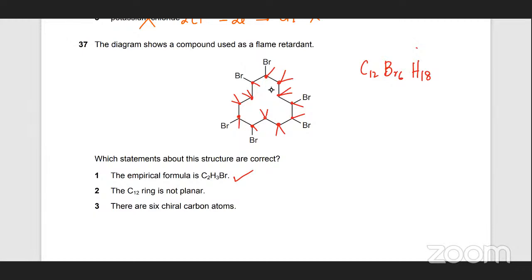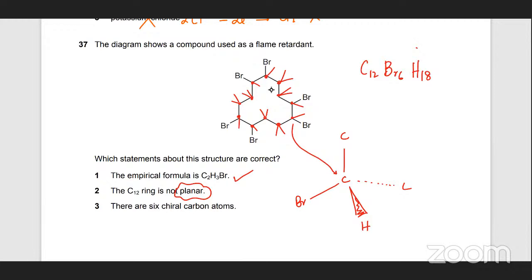So that makes perfect sense. So it's C2H3Br. And then he's saying that the C12 ring, so there are 12 carbon atoms, is not planar, which is also correct because around the carbon atom, the bonds are tetrahedral because all of them are making single bonds. So they're going to be like this. For example, if I look at this carbon atom, then it's bonded to a Br, it's bonded to an H, and on two sides there's the carbon chain.